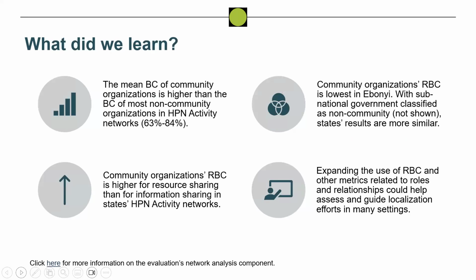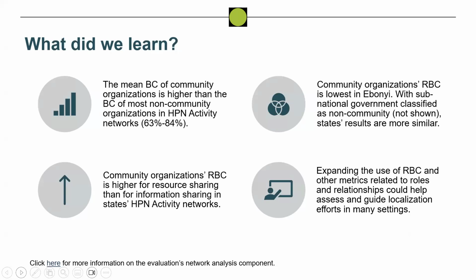So what did we learn? First, you saw that all of these results are above 50%, meaning that the average betweenness centrality for community organizations exceeds that of most non-community organizations in these networks in every state. Just to remind you, the range was actually 63 to 84%. Community organizations' relative centrality overall was slightly lower in Ebony than in the other 2 states, but we ran this analysis with subnational government organizations classified as non-community also, and with that, the state difference basically dropped out.